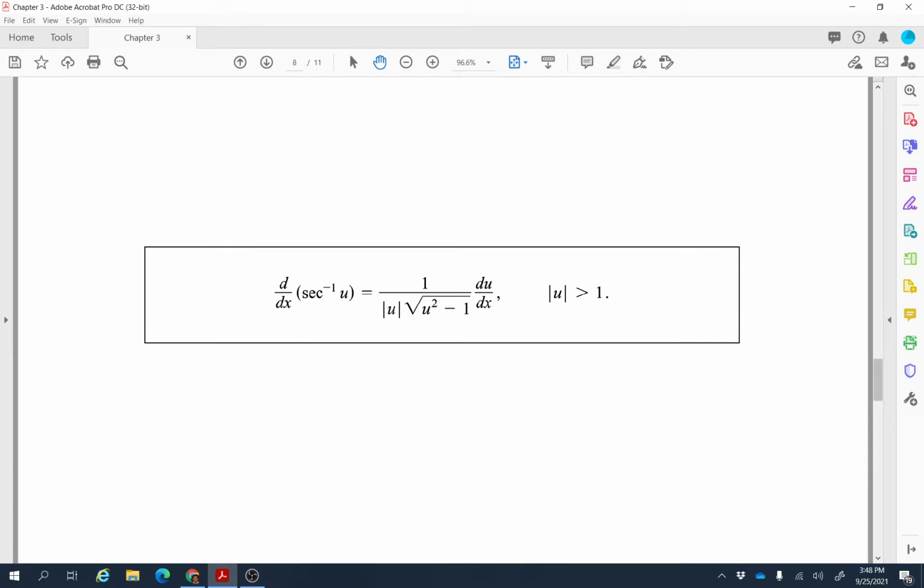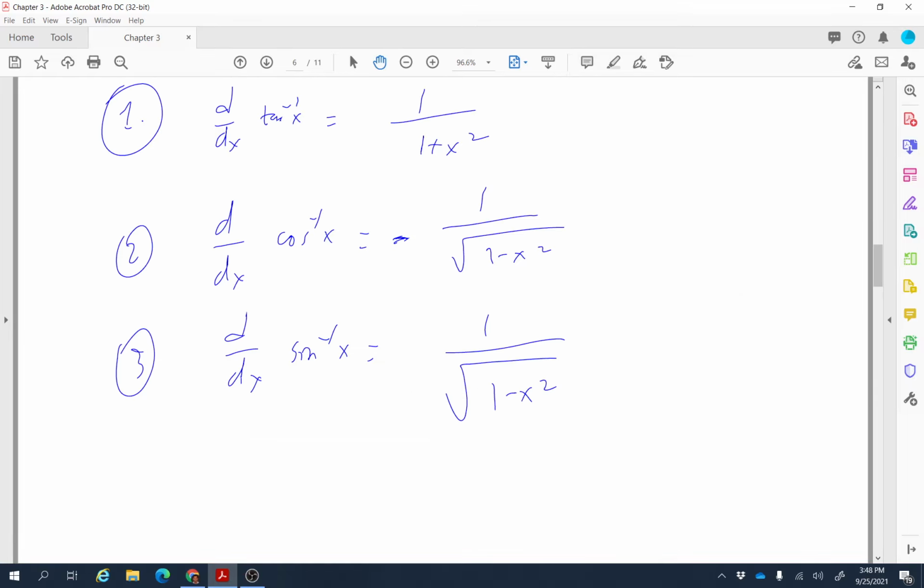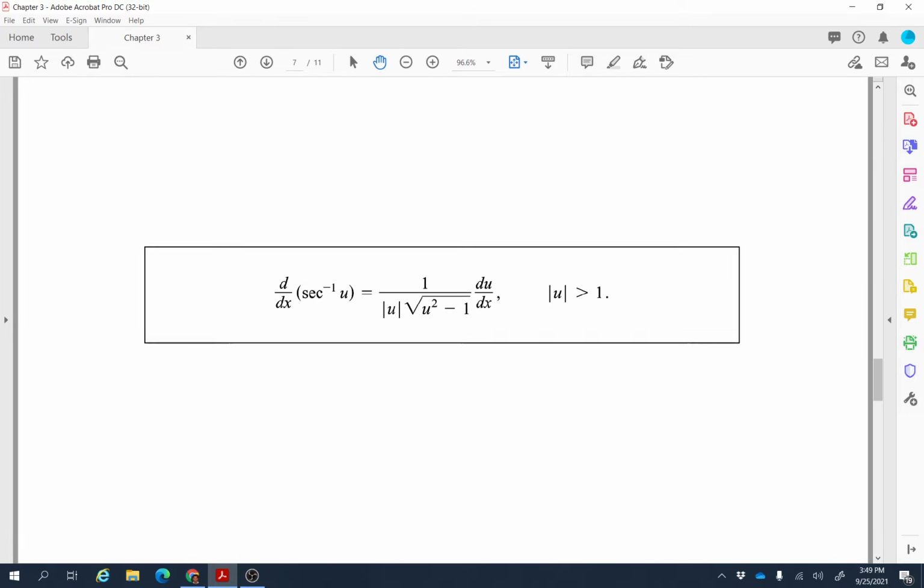Similarly, the derivative of secant inverse u is 1 over absolute value of u times square root of u square minus 1 times du over dx. Okay, so these are some formulas you can always derive using the same idea I did here.